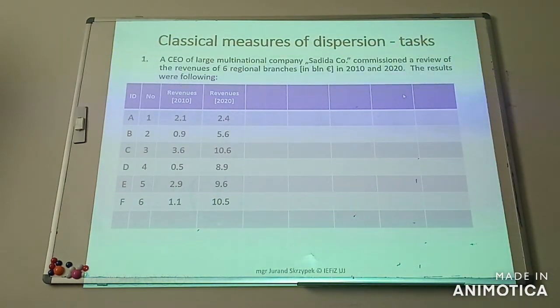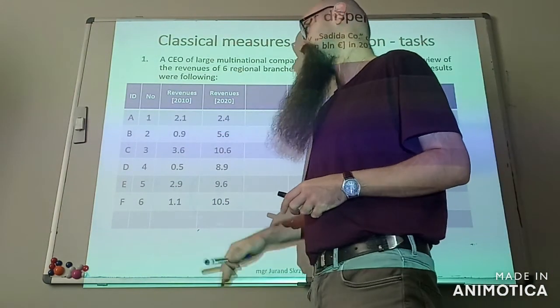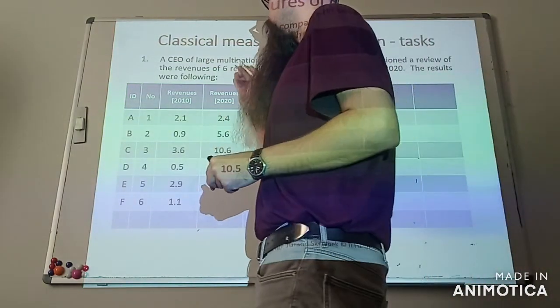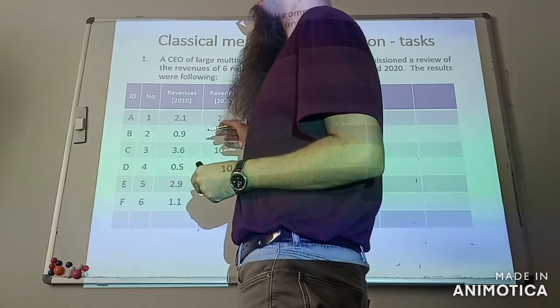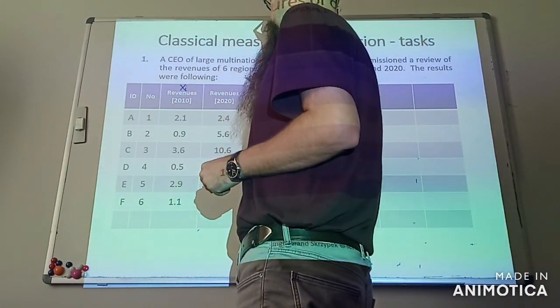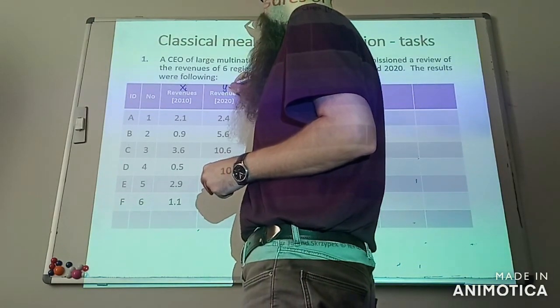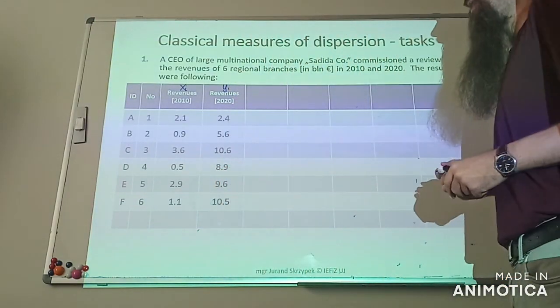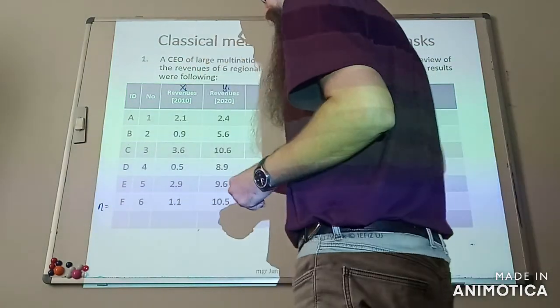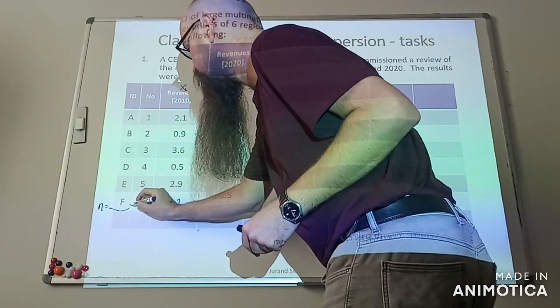First step is to compute the mean revenues in 2010 and the mean revenues in 2020. We can denote the revenues from 2010 using the symbol x_i. We can denote the revenues from 2020 using the symbol y_i. Here the population size is equal to 6.